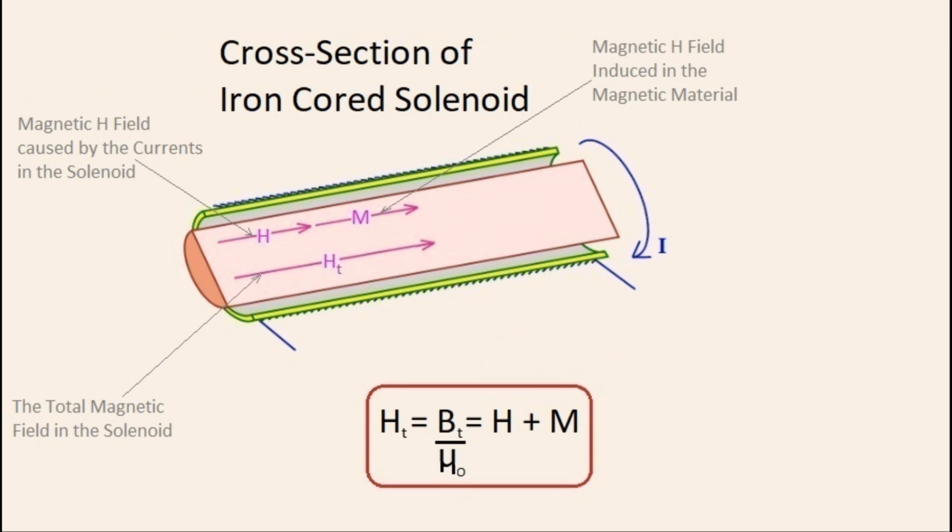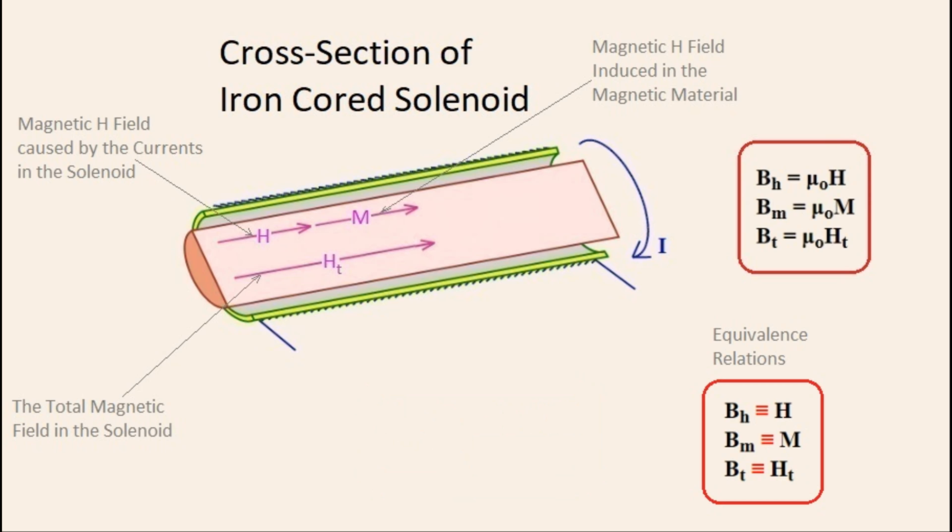Here are the magnetic H field vectors. HT is the total magnetic field. I've inserted it so as to make the math easier to follow. The equation written below relates these three variables together. These magnetic B fields and H fields correspond to each other and are equivalent to each other.